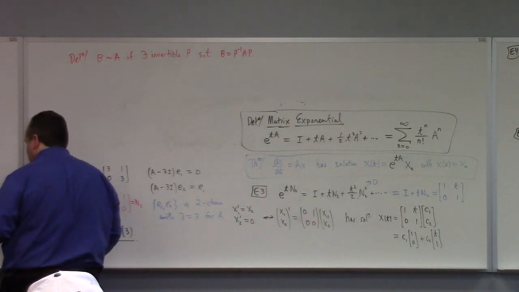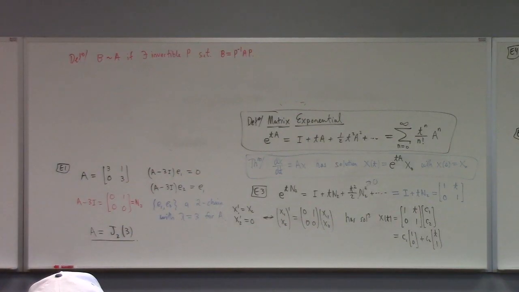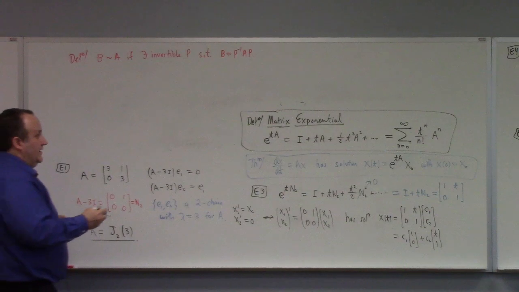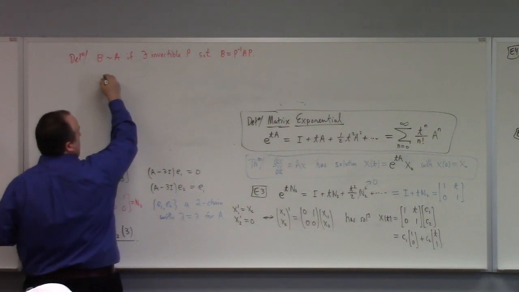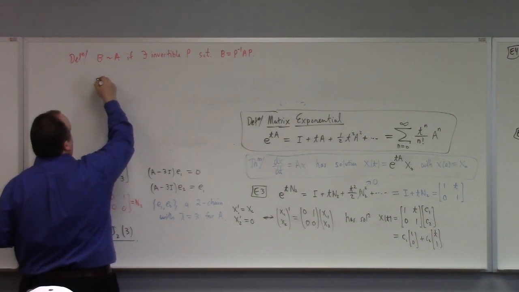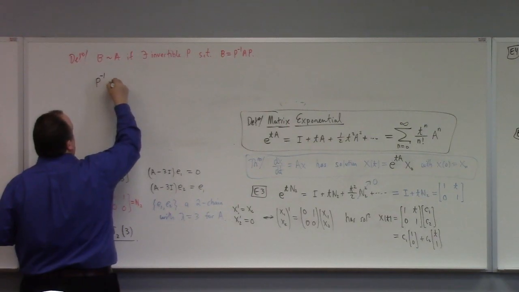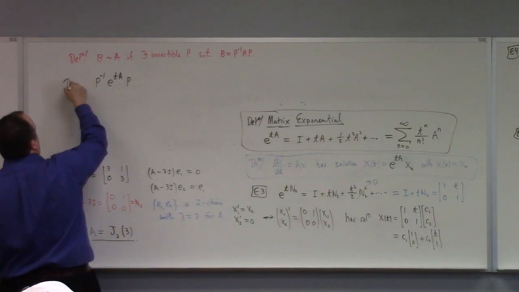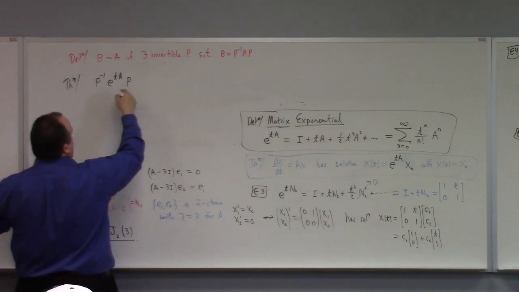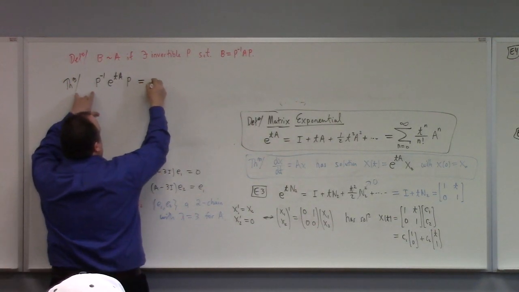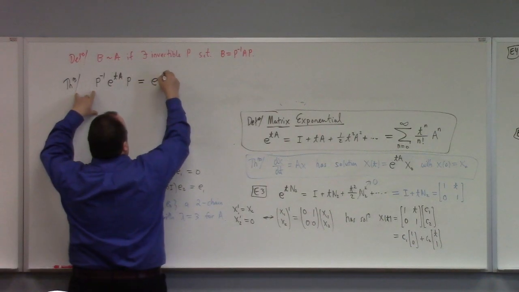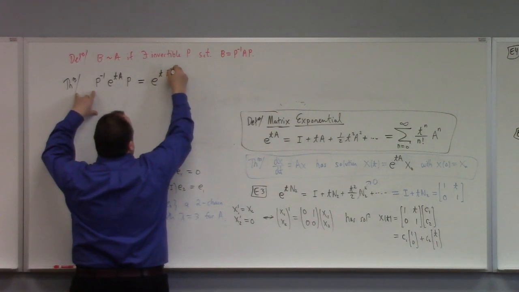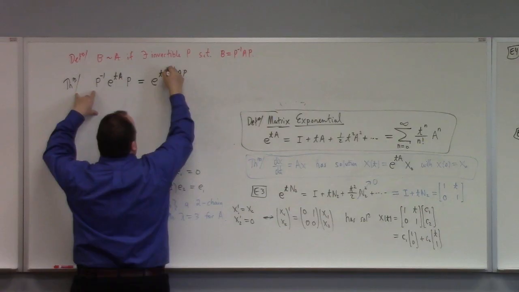This is what we mean by similar matrices. We've talked about this a little bit before, I think. But it turns out that if you have P inverse e to the tA times P, we can calculate that this is in fact equal to e to the t times P inverse AP.